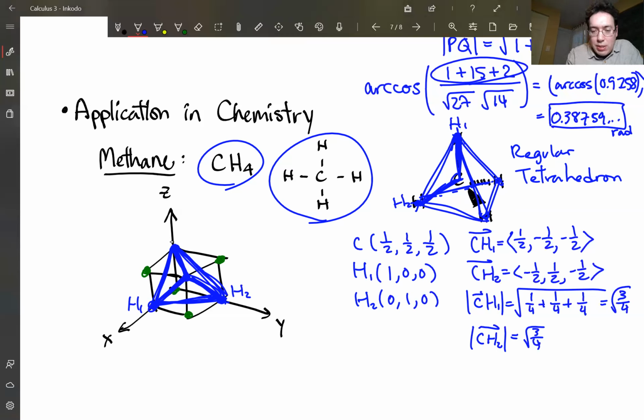So now we have all the components. Let's compute it. The angle between the 2 hydrogen bonds is going to be ArcCosine of the dot product of these 2 vectors. So 1/2 times negative 1/2 is negative 1/4, minus 1/4, plus, because the third coordinate has both negative, 1/4, all divided by the 2 magnitudes, root 3/4 times root 3/4.